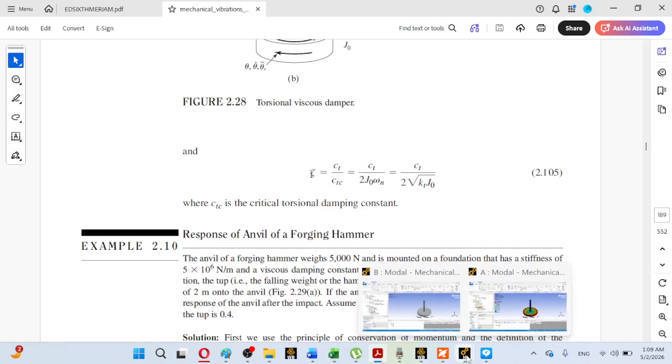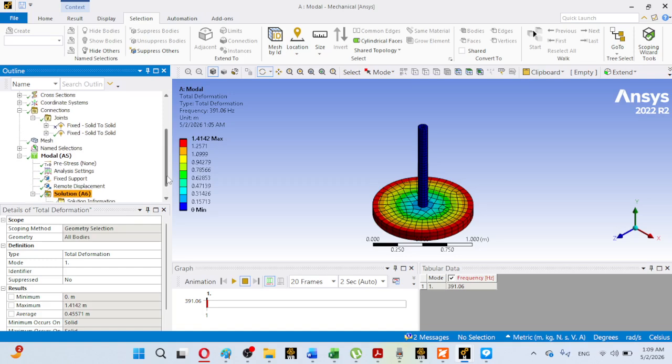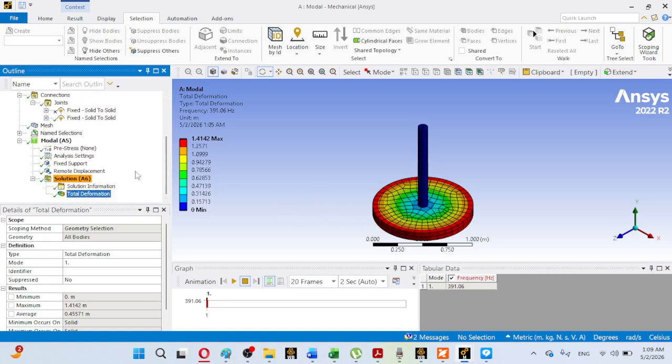Now I have attempted this model and I am just demonstrating it briefly. I am not giving you the instructions in detail, and I am not applying all the constraints or all the joints freshly. I am just making you see what I have done.